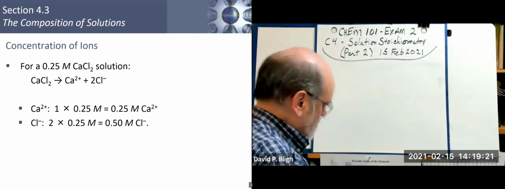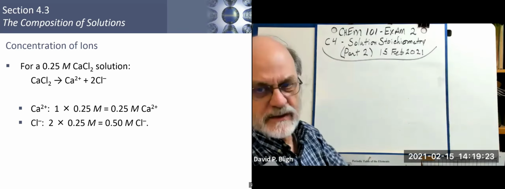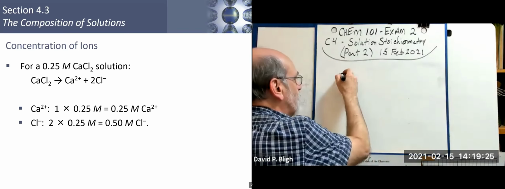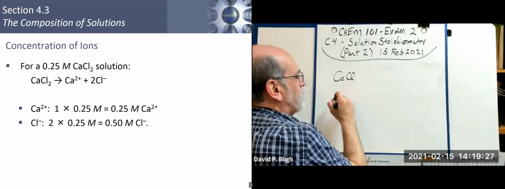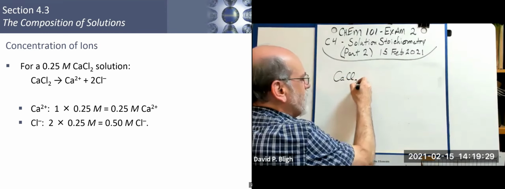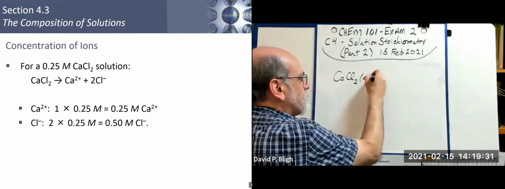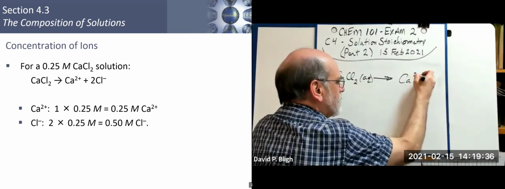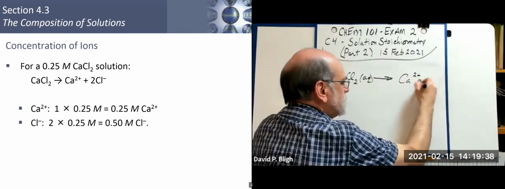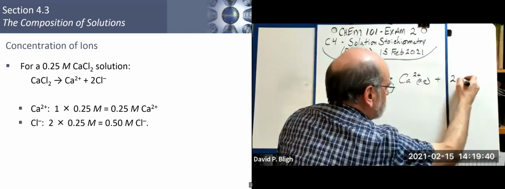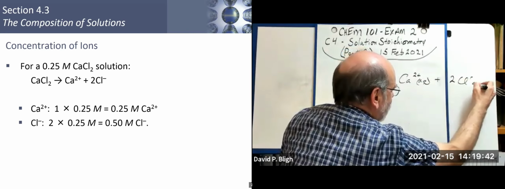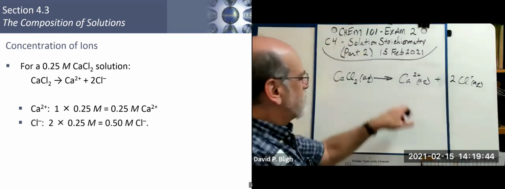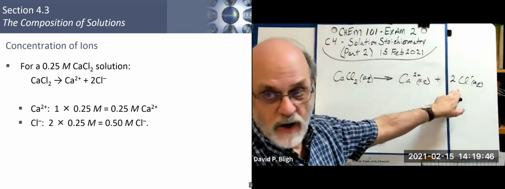For every 1 calcium chloride, when it goes into solution, it breaks up into 1 calcium and 2 chlorides.